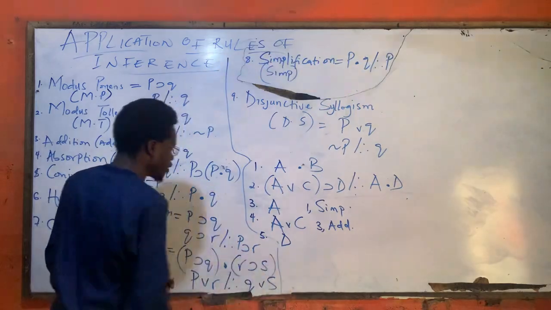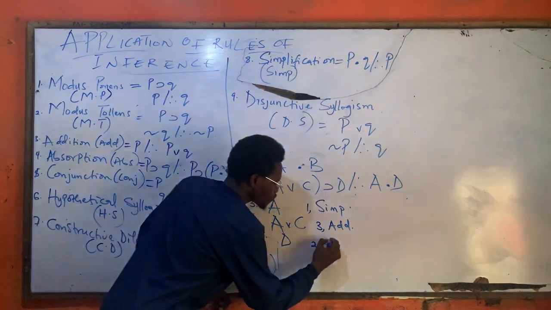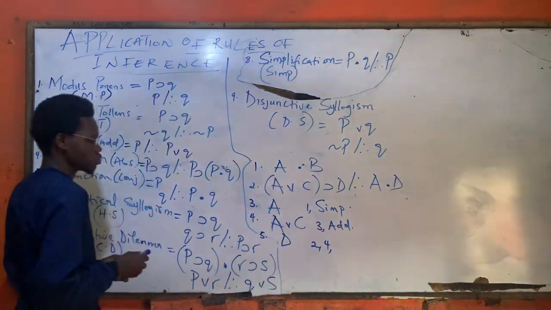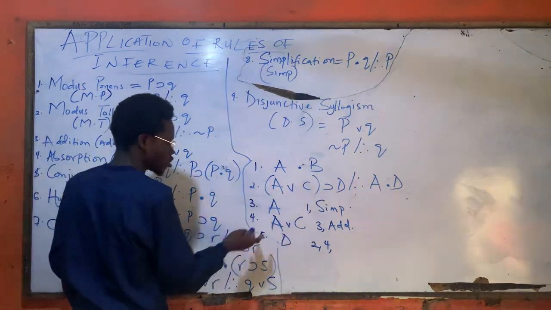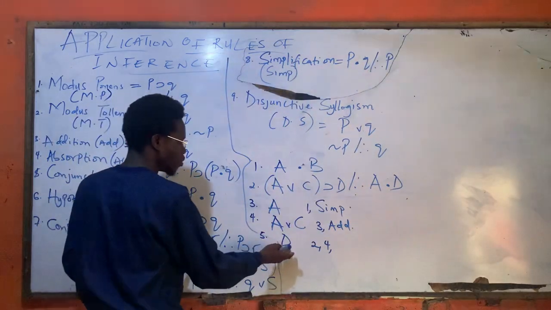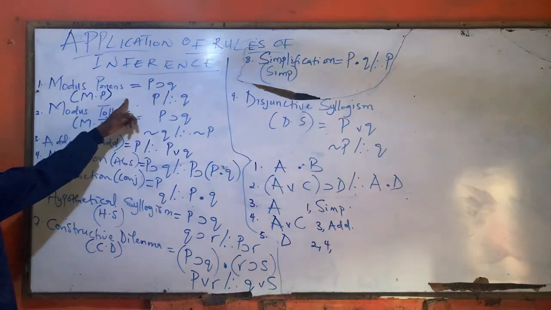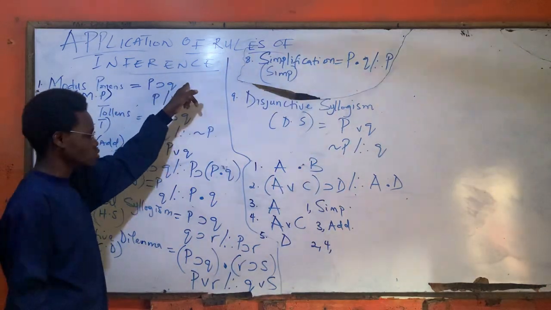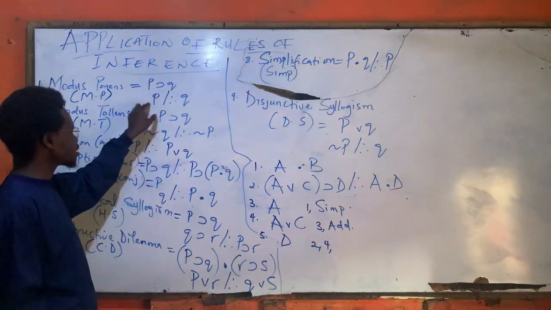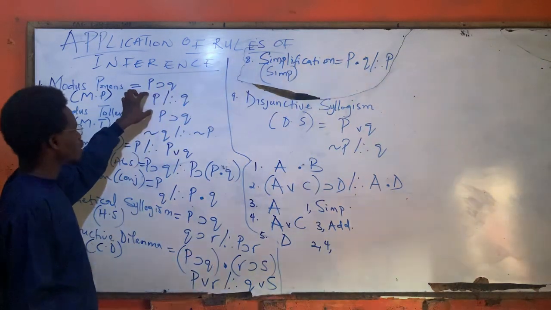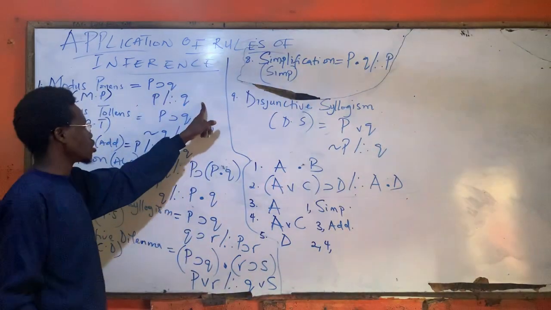How did I get this my D? I use what? Line 2 and line 4. Okay? Line 2 is my first premise, line 4 is my second premise. To get my what? D. And which rule gives me this? Modus ponens. Modus ponens is that when you have P implies Q, and you are given that same P, your antecedent, as second premise, then you can infer your consequence as a what?